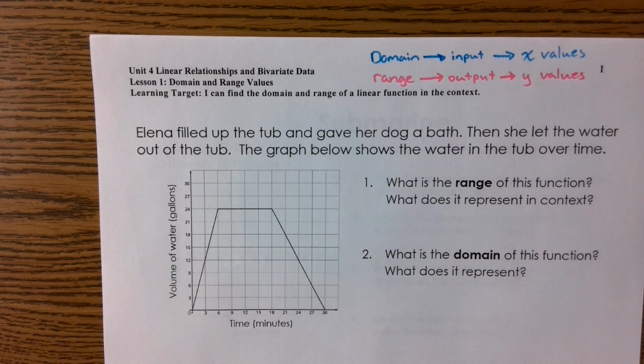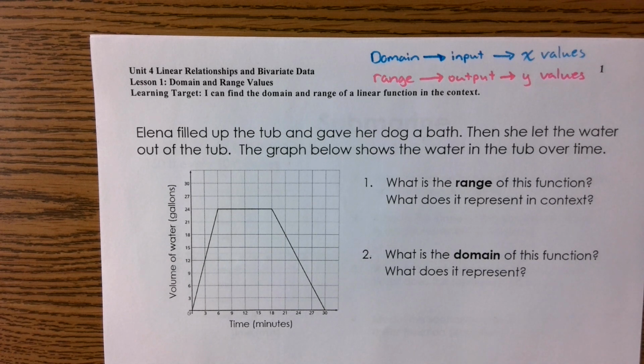Okay, so just as that reminder, there's also a couple of things that I want you guys to have an understanding of when we talk about different graphs. You're going to hear me talking about continuous versus discrete. So when we get to a couple examples, I'll tell you what that means in just a moment.